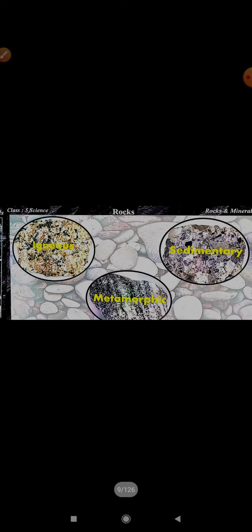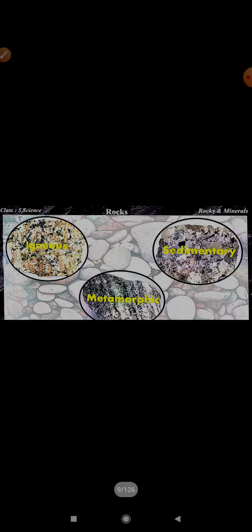Many of the materials that we use every day are made from different kinds of rock, and each kind of rock in turn is composed of different minerals. Depending on the way they are formed, rocks are grouped into three types.